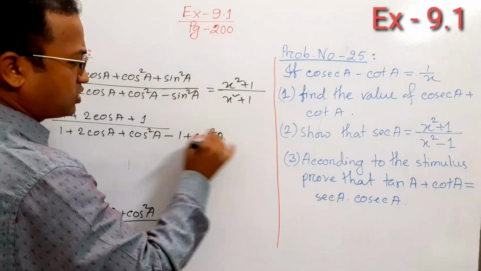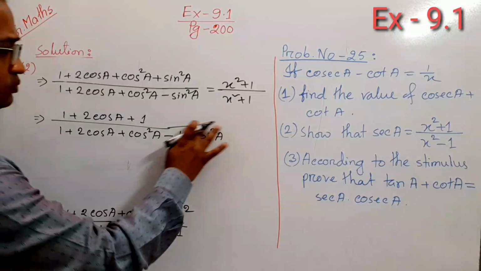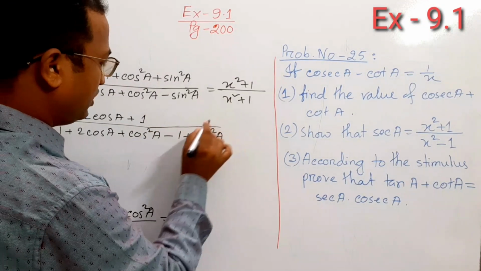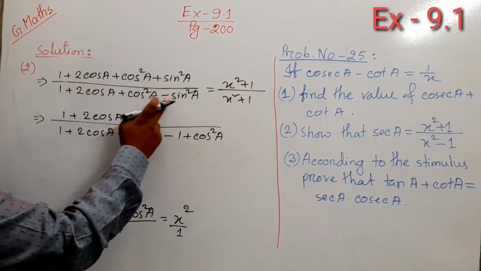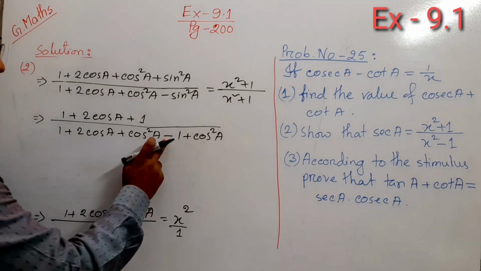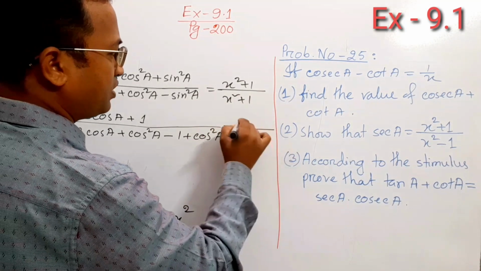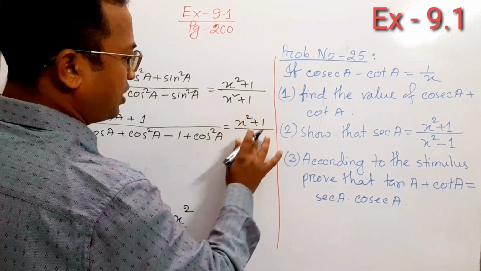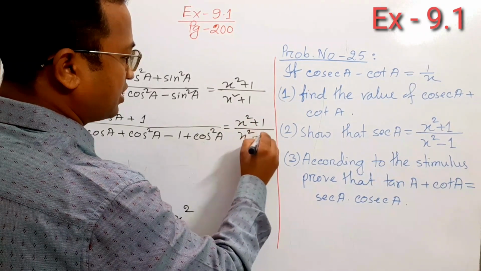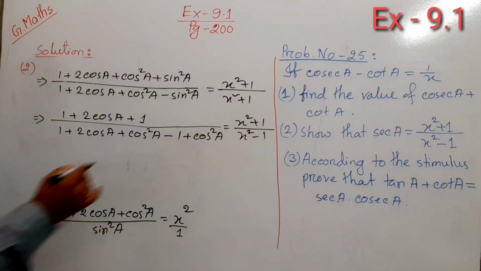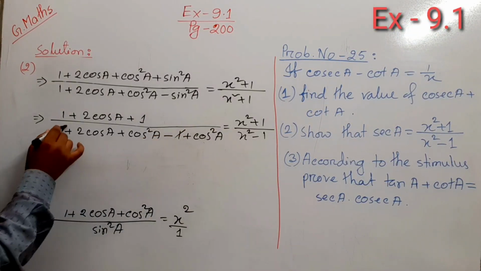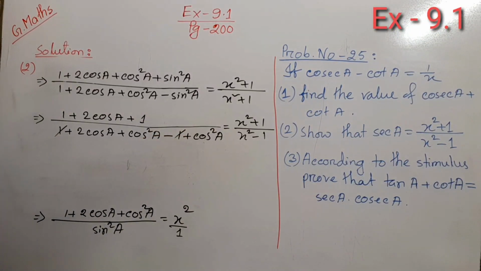Why 1 plus cos square A? Because there is a minus before the sin square A. So it is minus 1 plus cos square A, and it is x square plus 1 by x square minus 1. Now this 1 and this 1 will be cancelled.